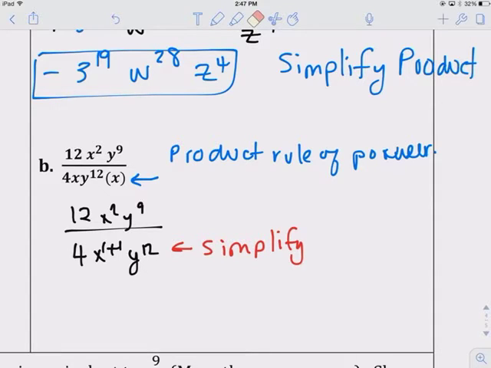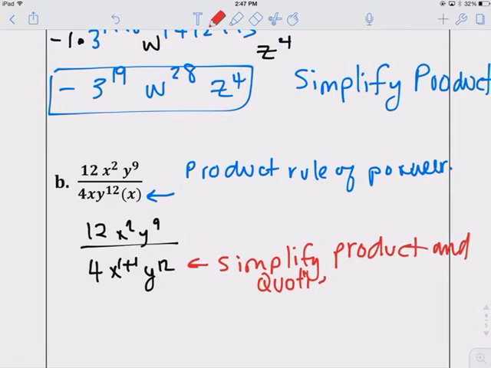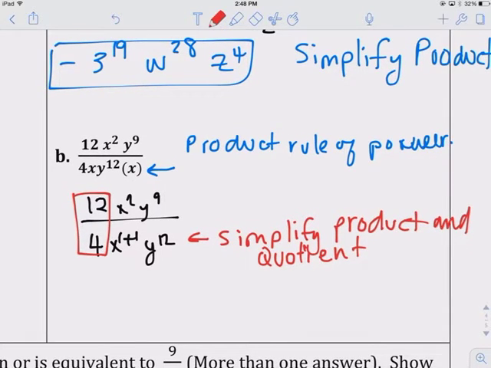Simplify product. I'm going to simplify product and quotient. I'm going to do it all at once. Because I can simplify this quotient, can't I? To 3, right?